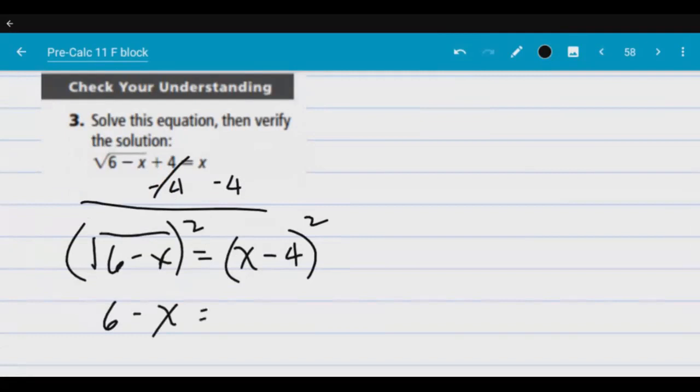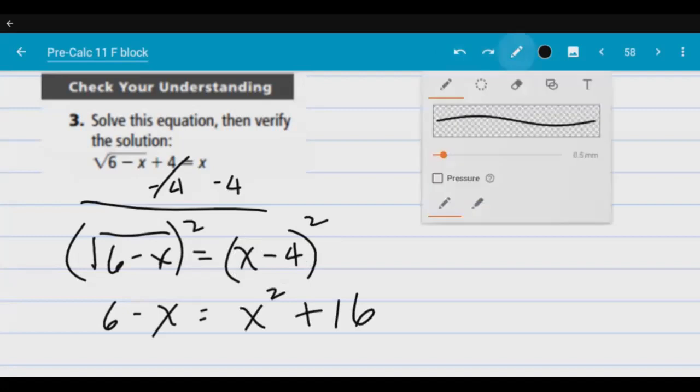On the other side, now guys, we are multiplying a binomial by itself. In the test, I saw some of you come up with this, which is probably the result of squaring x squared is x squared, and then squaring negative 4 is positive 16. That is incorrect, okay?